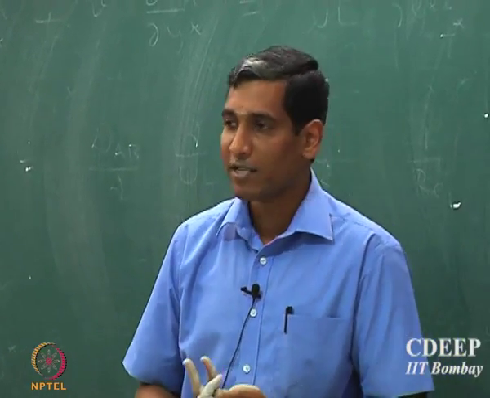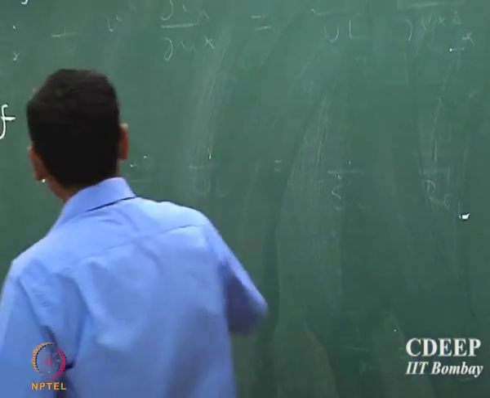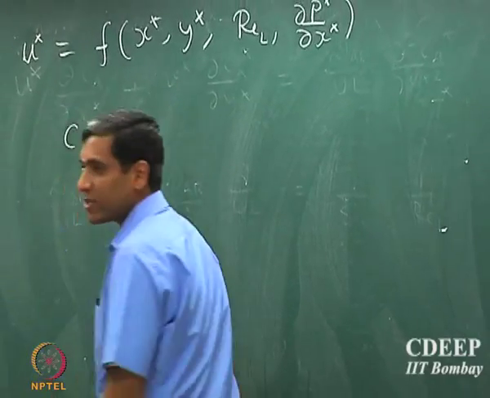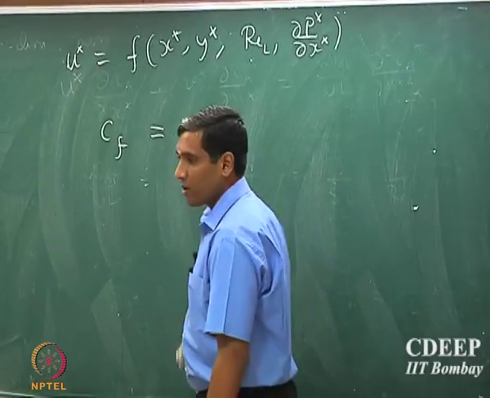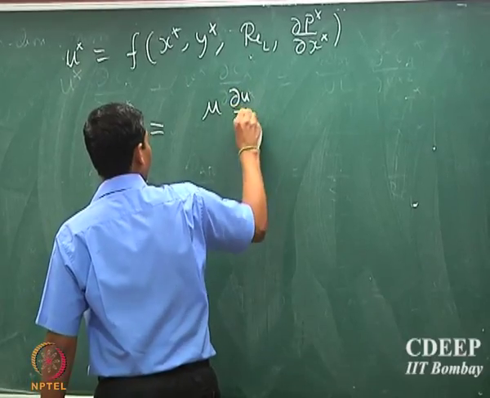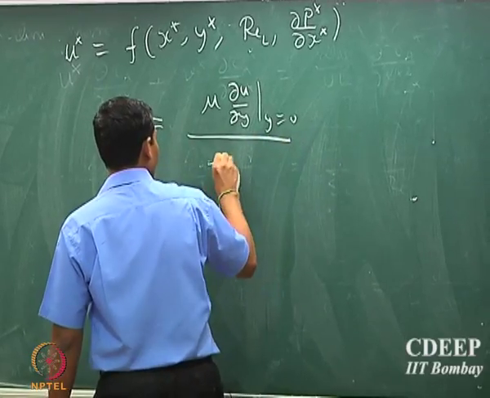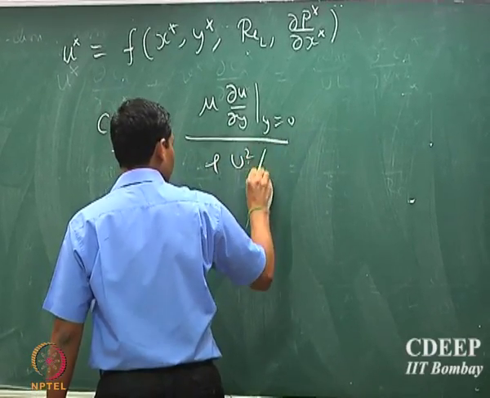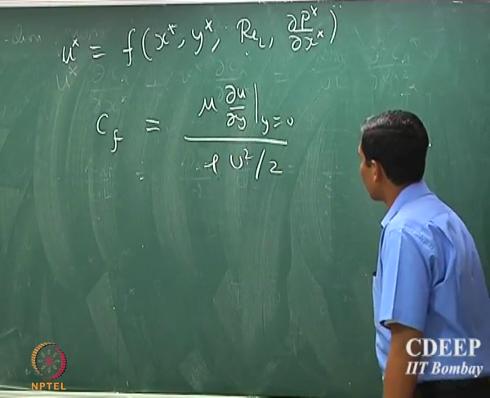So the objective of the exercise is to find these three coefficients. If you want to find Cf, what's the definition of Cf? It's mu du by dy at y equal to 0 divided by rho u square by 2, right? So that's the definition of friction coefficient.